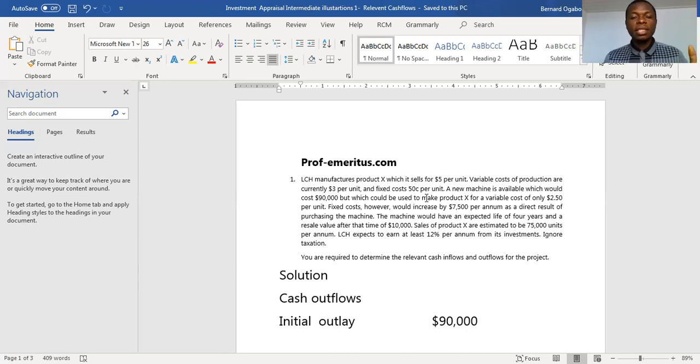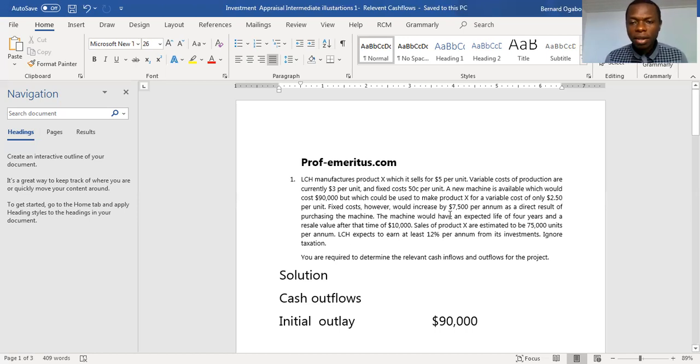It is a machine that is in use that produces variable cost of $3 per unit. But now that we have a new machine, we are going to save 50 pence, which is 3 minus $2.50. So we are going to save 50 pence per unit, and that is the relevant cash inflow in this question.